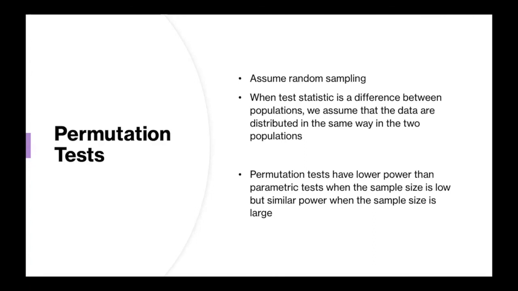And so this approach allows us to free ourselves of some of the assumptions of these underlying distributions and calculate our p-values using the power of computing to be able to calculate 10,000 differences in a reasonably short period of time. Now, when our sample sizes are low, these sorts of permutation tests can actually be a little bit less powerful than a regular parametric test. But when the sample size is large, permutation tests are actually just as powerful as our parametric statistical tests.